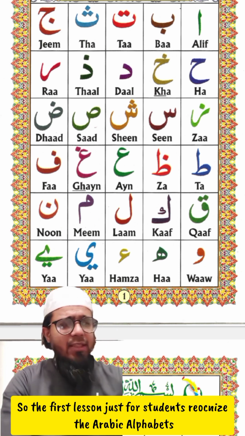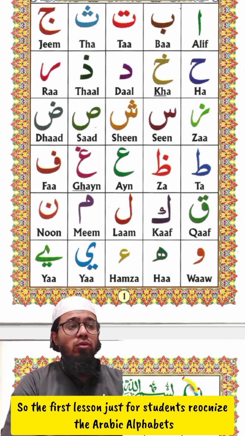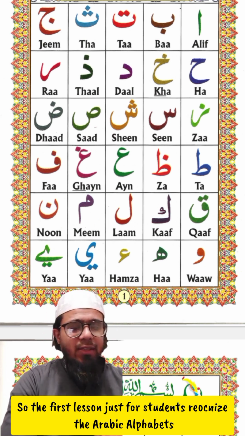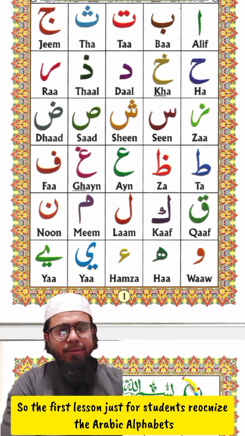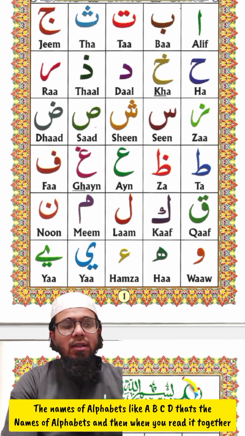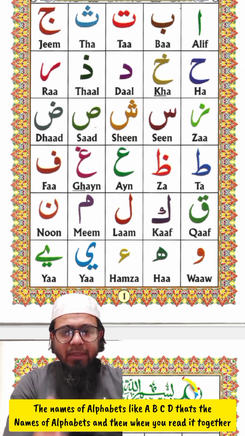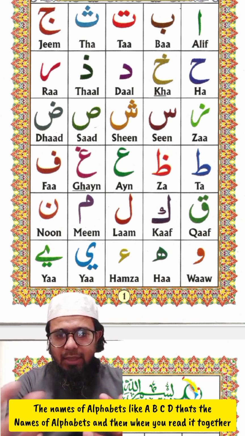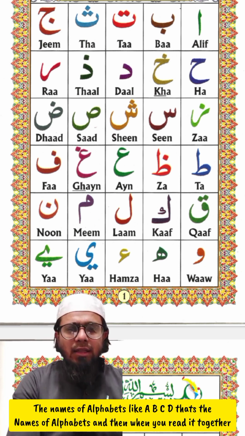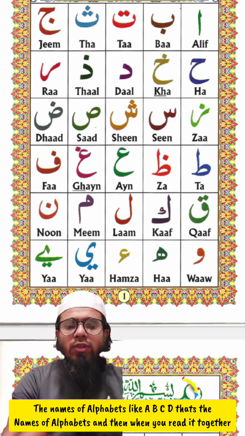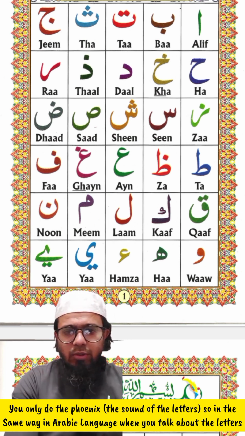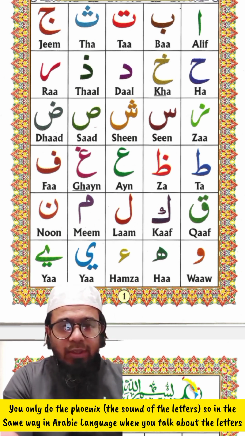So the first lesson is for students to just recognize the Arabic alphabets, the names of the alphabets, like you have A, B, C, D, that's the names of the alphabets. And then when you're reading it in a word together, you only do the phonics, the sounds of the letters.